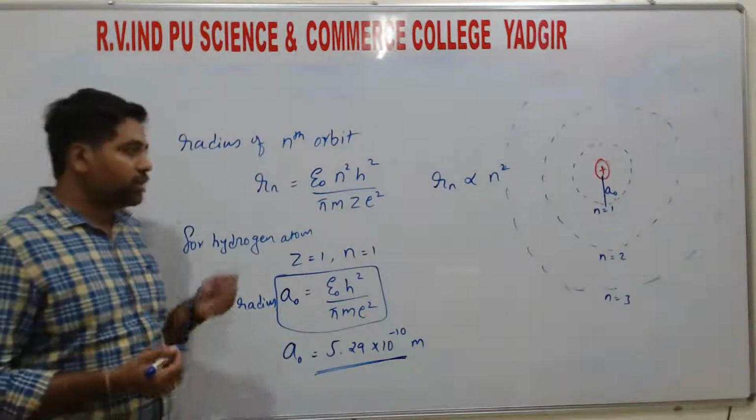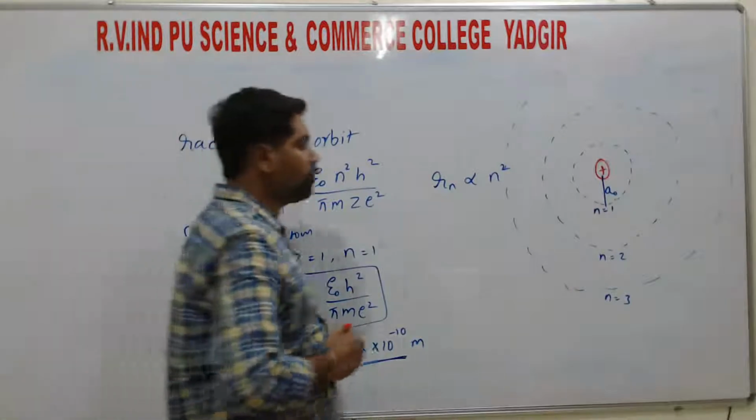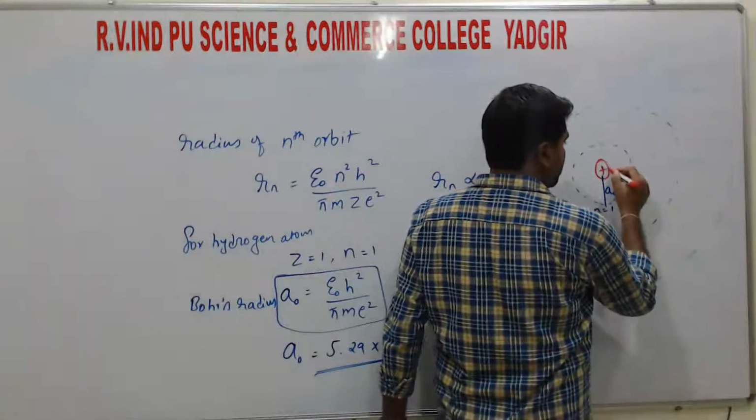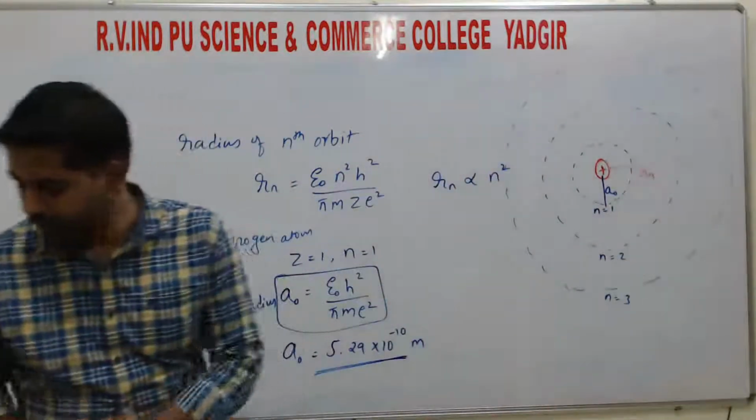So next, for the nth orbit, if we consider this one as the nth orbit, then this distance is Rn.